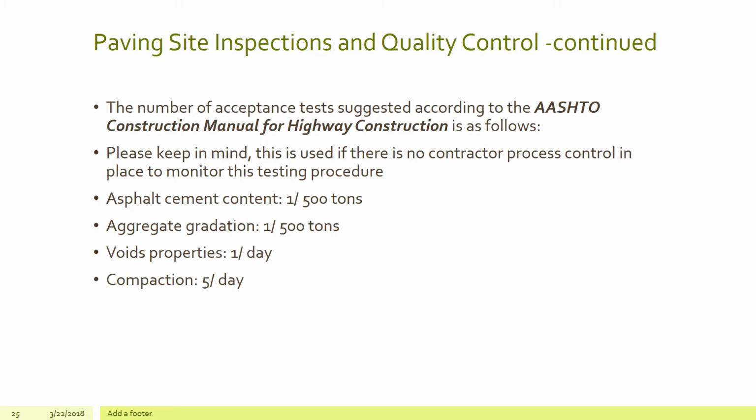If we don't have this, we're looking at our construction manual for highway construction protocol. So the content of the asphalt cement should be 1 in 500 tons. Aggregate gradation, again, 1 in 500 tons. Void properties, 1 a day. Compaction, 5 a day.